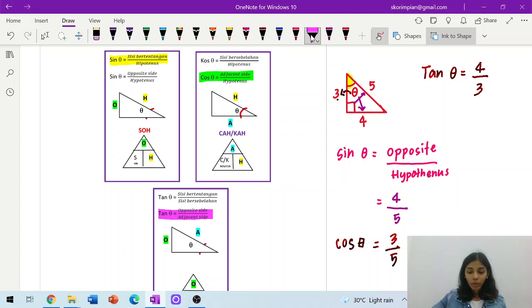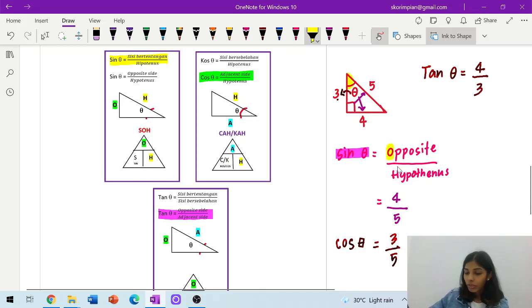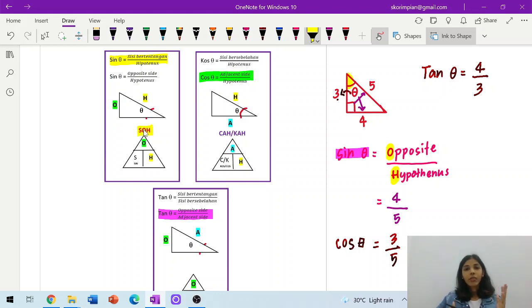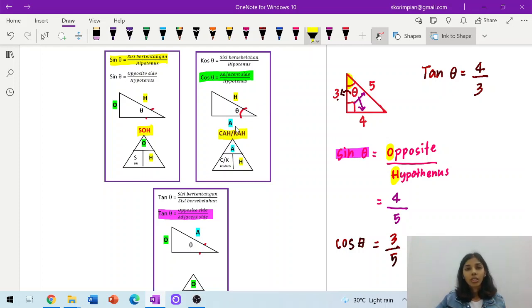An easier way to memorize: sin theta is opposite over hypotenuse, so you can name it SOH. S stands for sine, O is opposite, H is hypotenuse. Cos is CAH. C stands for cos, cos equals adjacent, A, over hypotenuse, H, CAH.